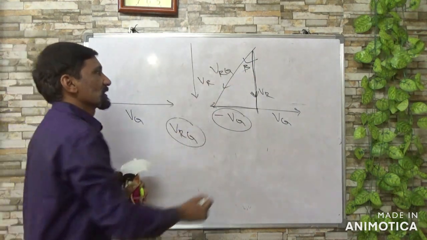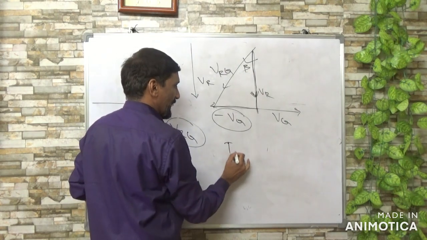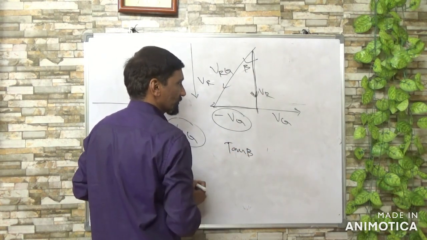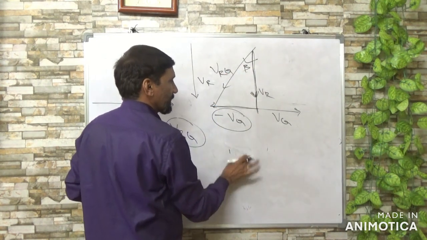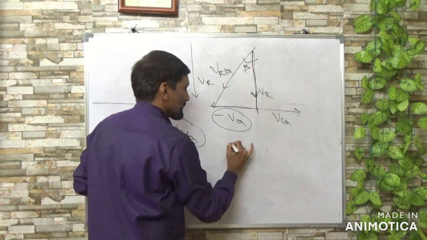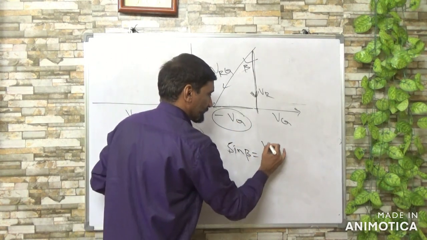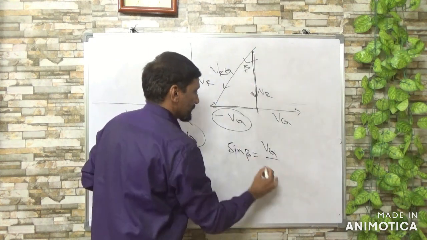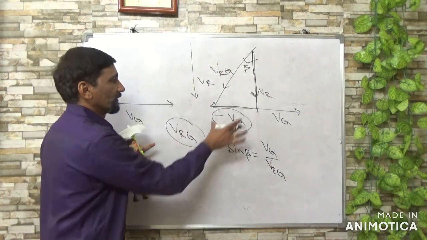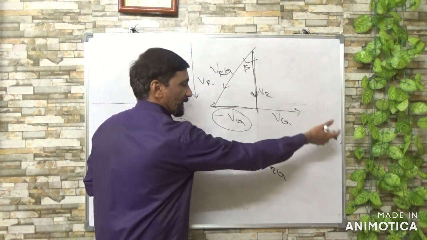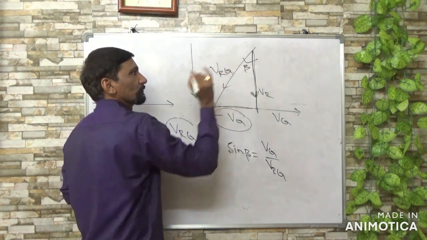With respect to rain, this is beta, so you can take sine, opposite by hypotenuse. So sine beta is equal to opposite by hypotenuse. Here VG is the velocity of girl with respect to ground, and this is the velocity of rain with respect to girl.